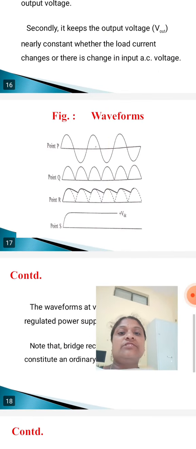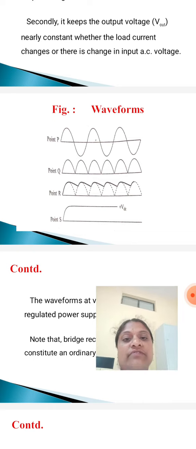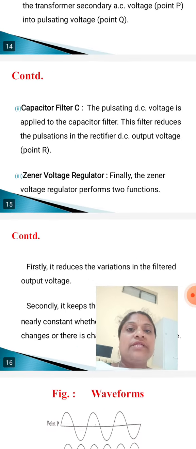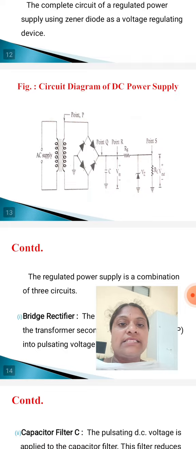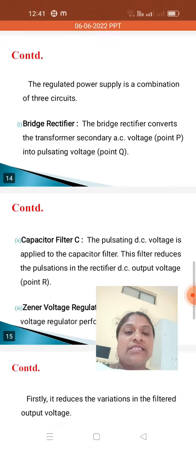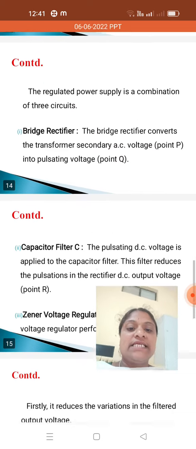Observe the waveforms at point P. The first waveform at point P is the input AC signal, the input sine wave. At point Q is the output of the bridge rectifier, that is the pulsating DC.